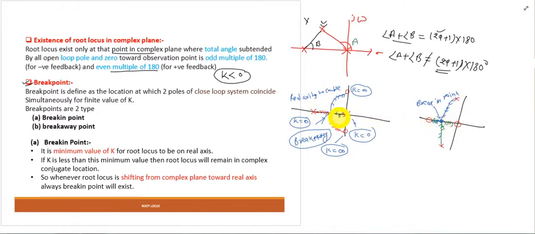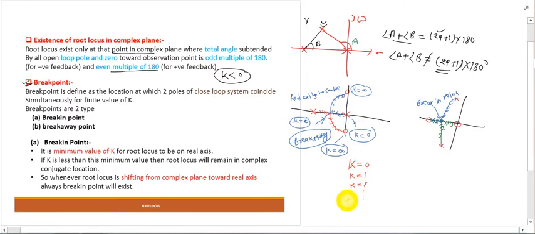Right? What happens if we increase the value of k from 0 and keep increasing up to infinity, then roots go like this. When I am increasing my value, k is equal to 0, then increase k is equal to 1, k is equal to 2, and goes like this at k is equal to 6.